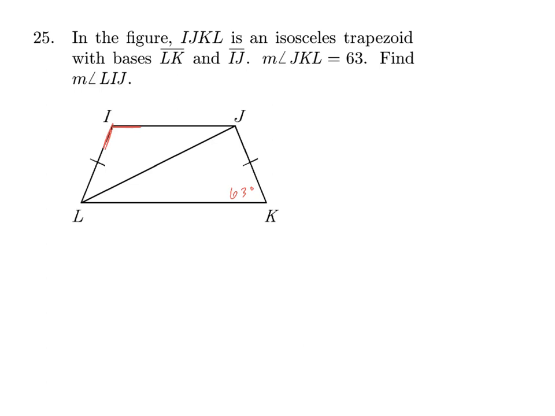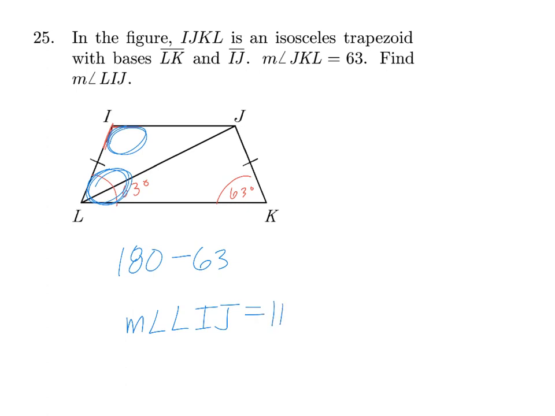Okay, so if that's 63 degrees, this over here is 63 degrees because it's an isosceles trapezoid. And I know that these angles here are supposed to add up to 180 because they're consecutive interior. So subtract 63, and measurement of angle LIJ is equal to 117 degrees. Done.